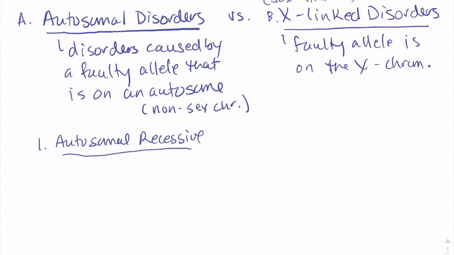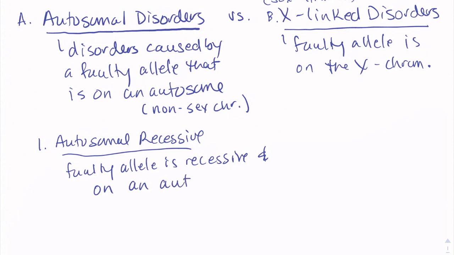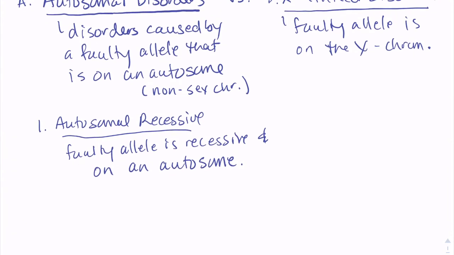An autosomal recessive disorder is when the faulty allele is recessive and it's on an autosome. There we go.